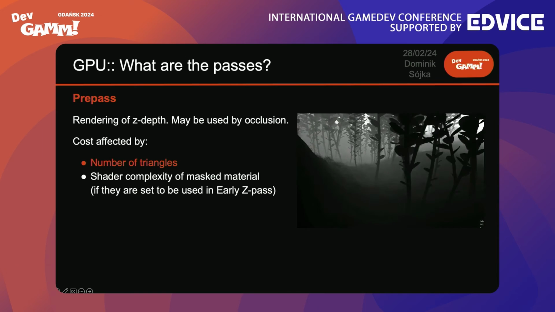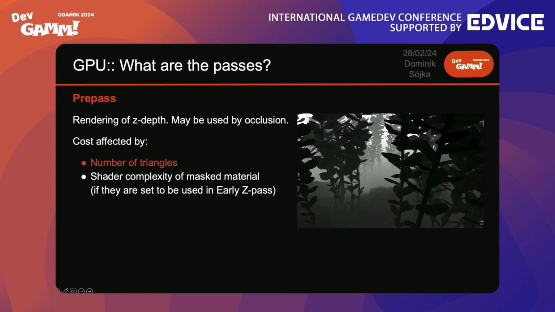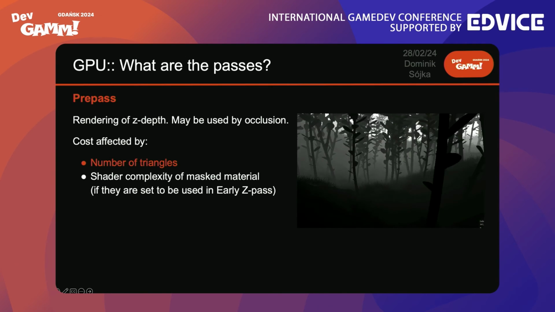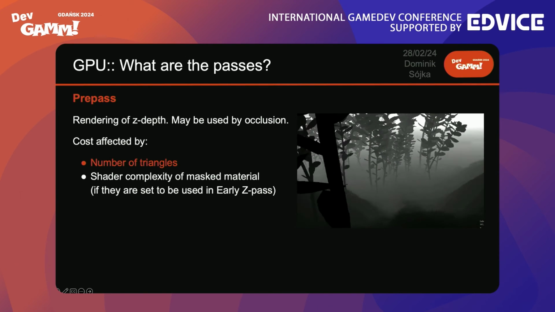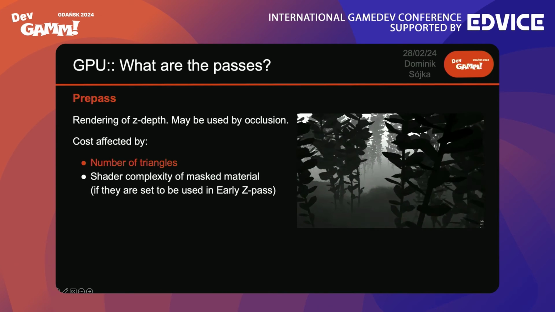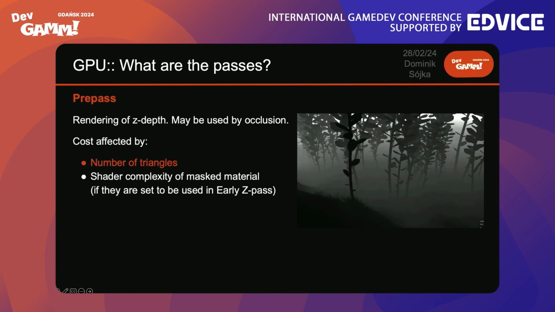The first one is the prepass. Basically, Unreal is rendering a Z-depth, and the Z-depth is used for occlusion. The biggest and most important factor for the prepass is the number of triangles. So how can we reduce the number of triangles? First of all, you should use the Statistics audit window.